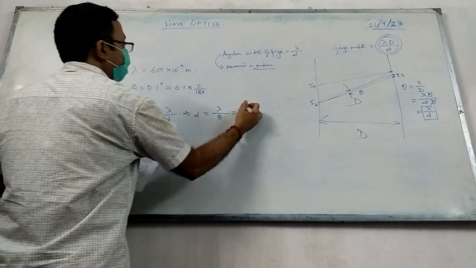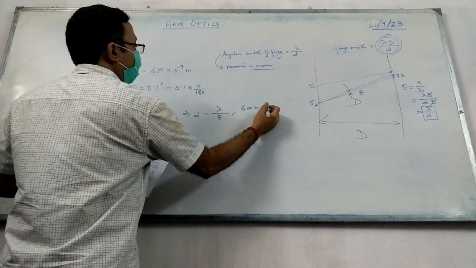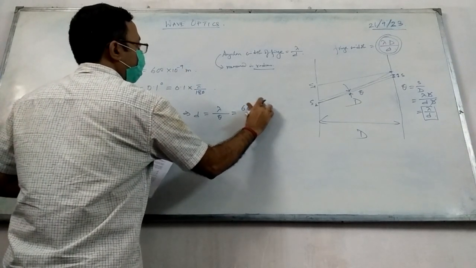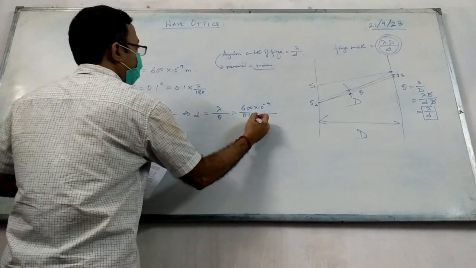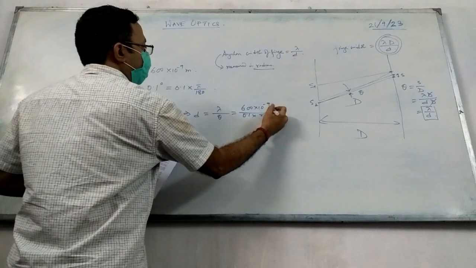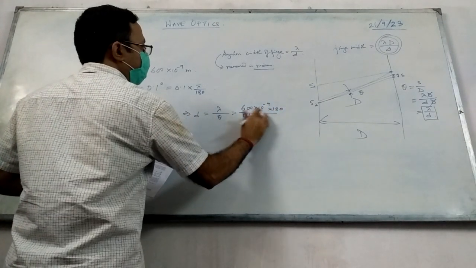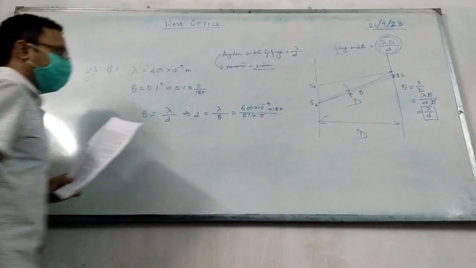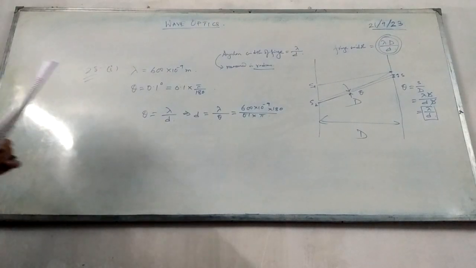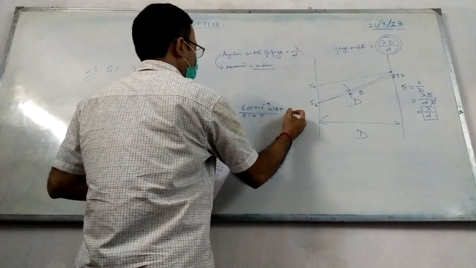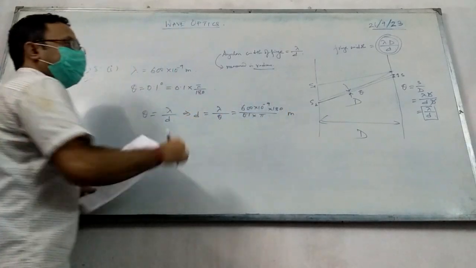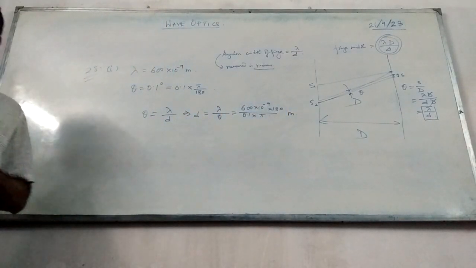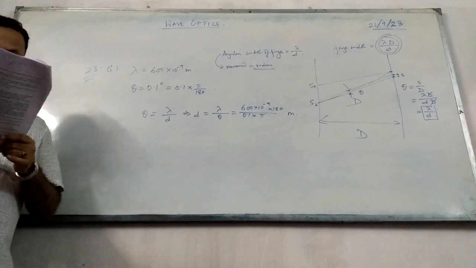So lambda is 600 into 10 to the power minus 9 divided by theta is 0.1 into pi by 180. We use pi as 3.14, okay? Pi as 3.14 और जो आंसर आएगा वो मीटर्स में आएगा. Distance, so distance between them will come in meters. ठीक है?